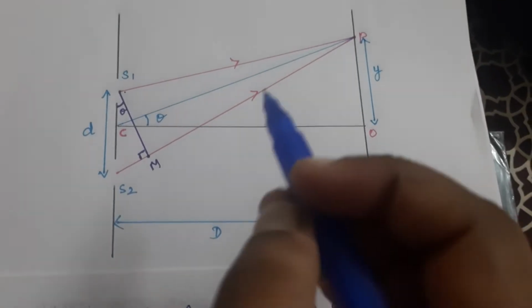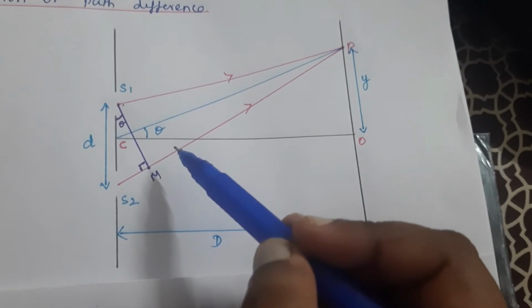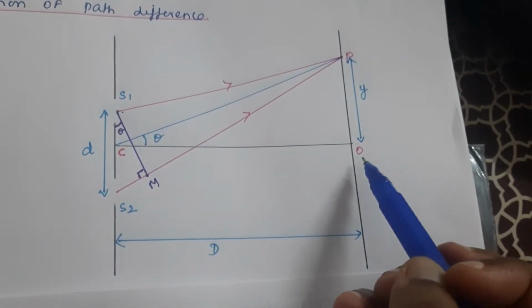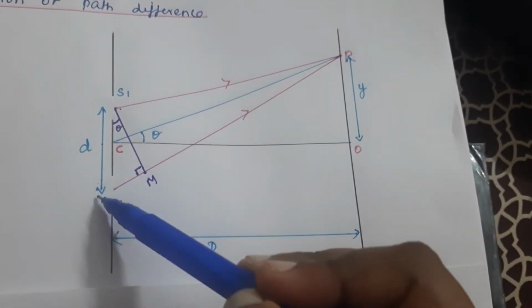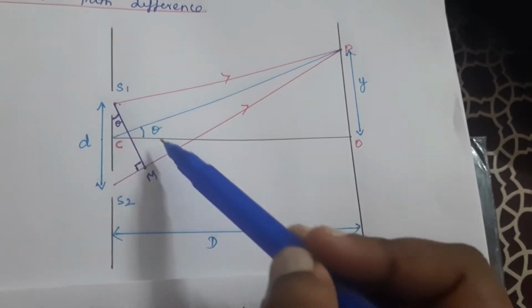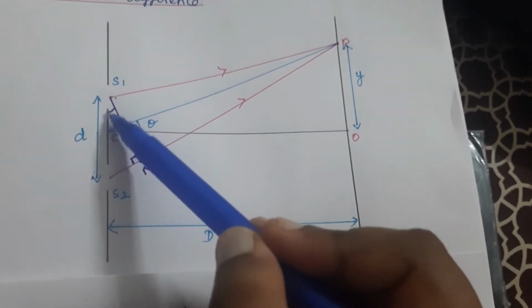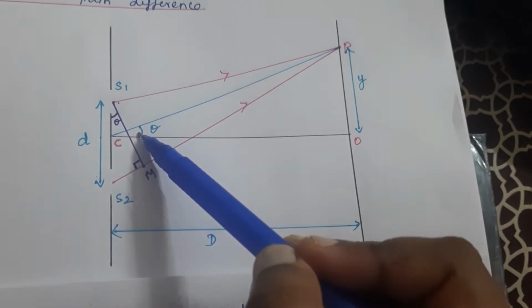Now, by geometry, these two angles are equal, that is angle OCP and angle S2S1M.